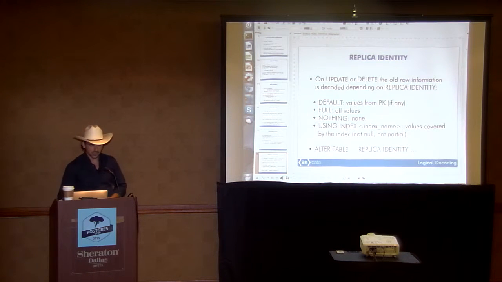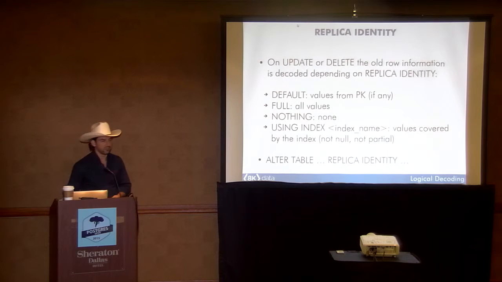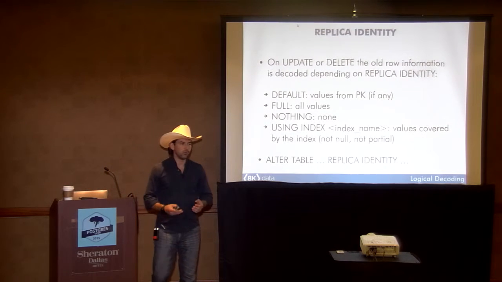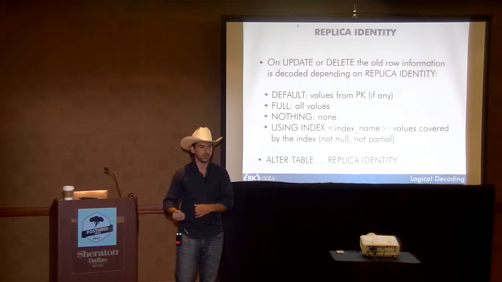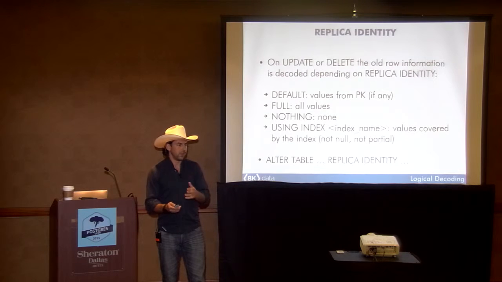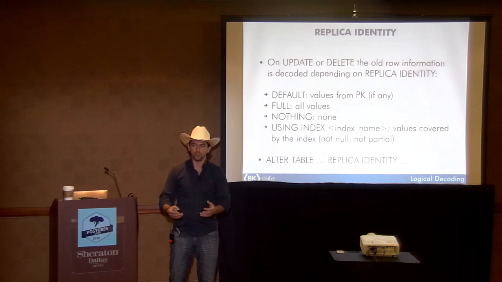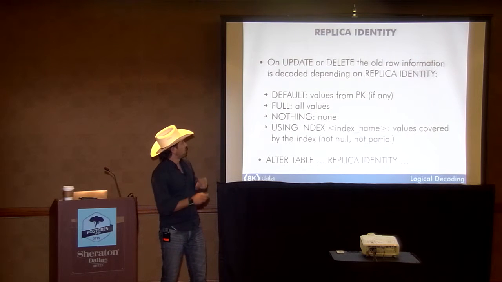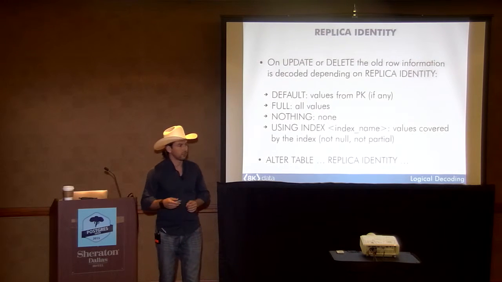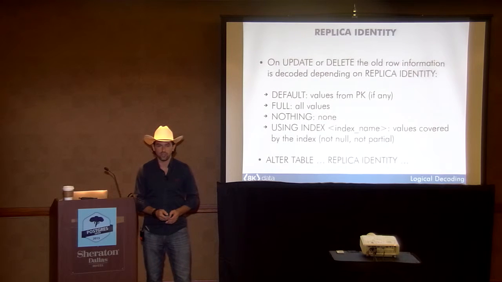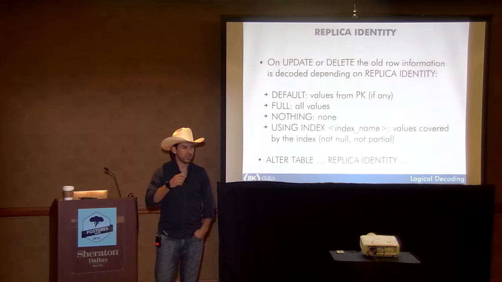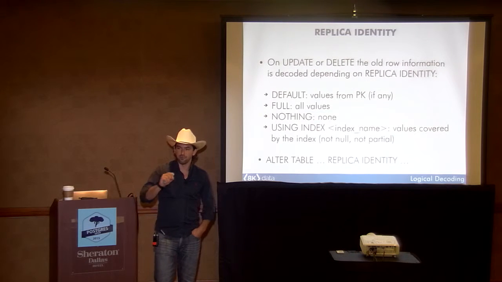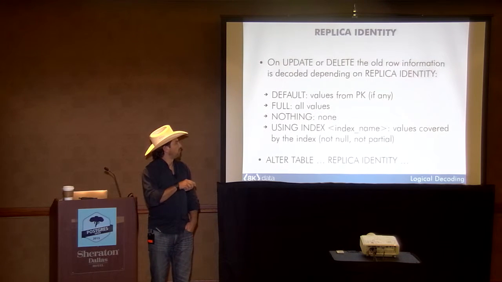This is controlled by another feature called replica identity. Replica identity is what information is going to be added to the WAL files, which is eventually decoded by the logical decoding process to identify which tuples have been changed. Replica identity is a table parameter, so you can set it at create table time, or you can do an alter table to change it. And it has these values. The default will deliver to the plugin the information of the primary key, if there's a primary key.